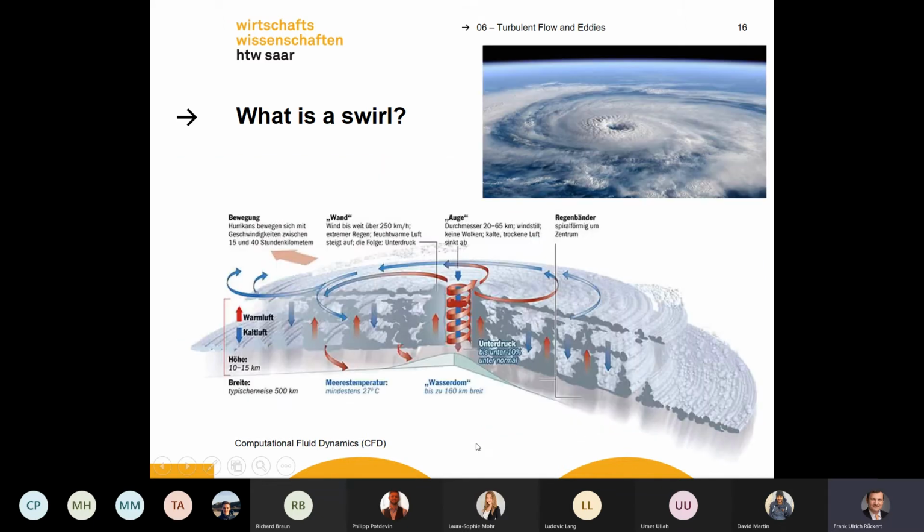Here we see a really big swirl again. It's a hurricane. You know this kind of swirls, and these swirls behave similar to other swirls.